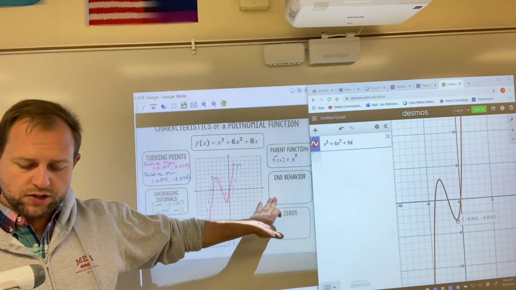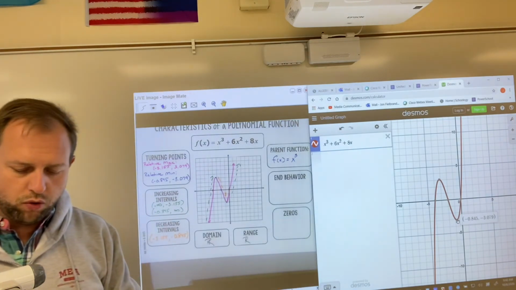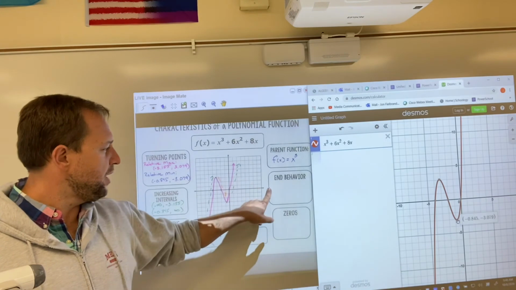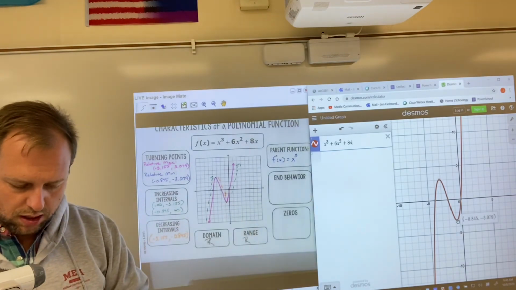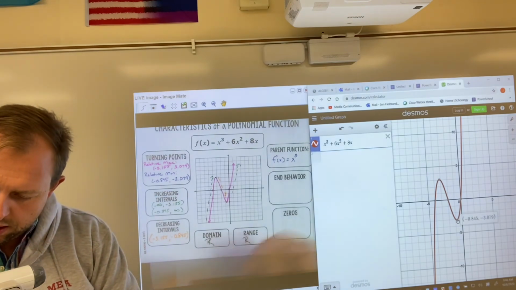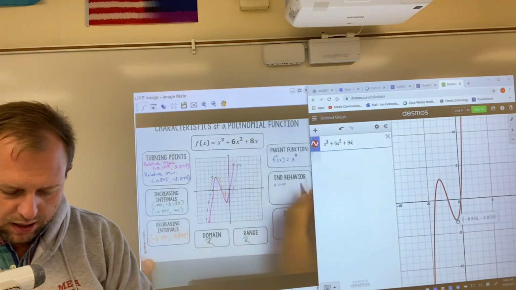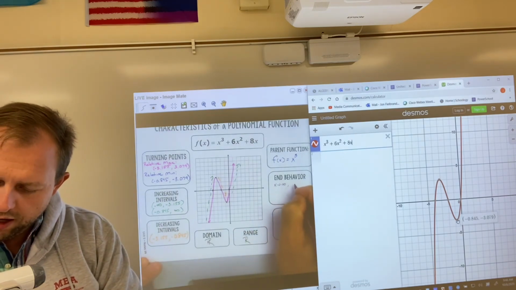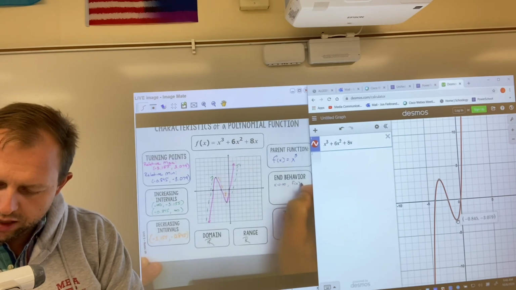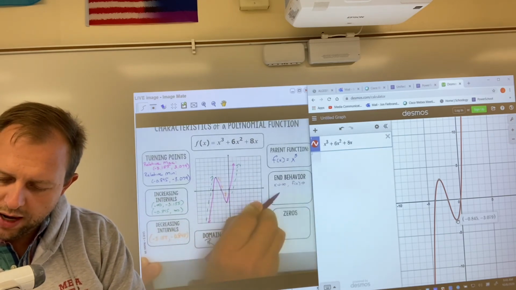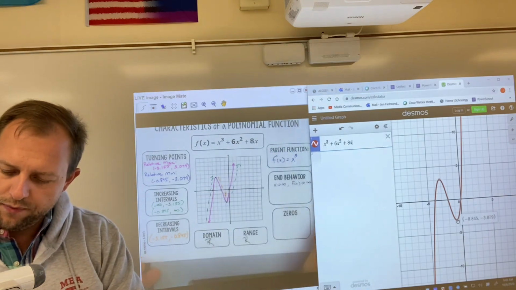End behaviors, we've got two of them. As we go towards the positive, we always write the positive first. So as x approaches positive infinity, our y value, f of x, is heading towards, as we're going this way, our y value is shooting up to infinity.